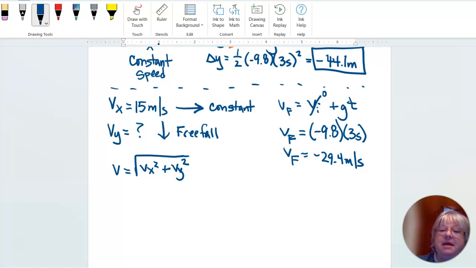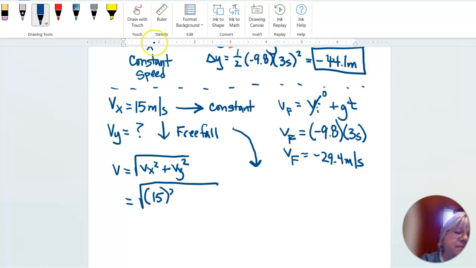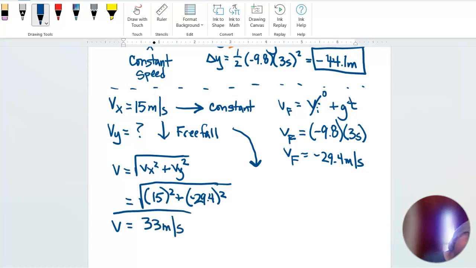His final speed as he goes down is going to be the combination of both of those two speeds. So let's see. Vx is 15. Vy is negative 29.4. That gives me that his final speed, once I hit this into my calculator, is 33 meters per second.